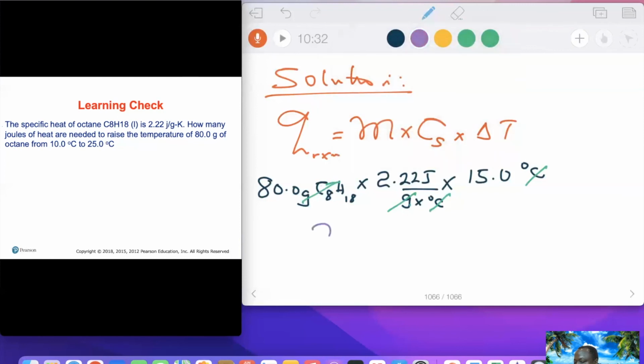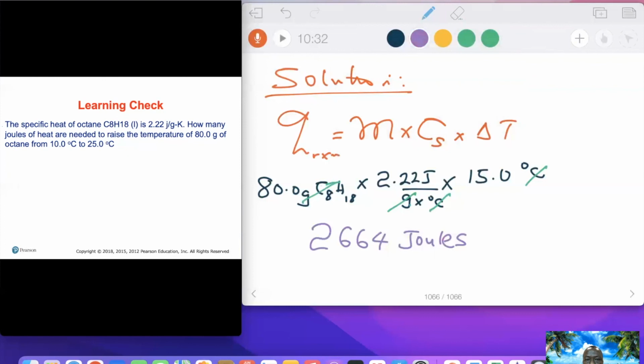Look at what your calculator may show, joules. If it's online or if it is a quiz, you don't just settle on what you see on your calculator.